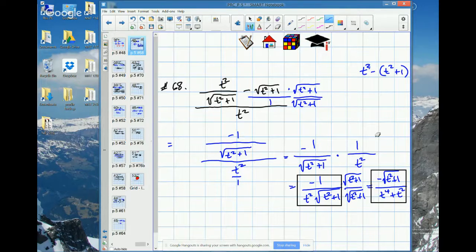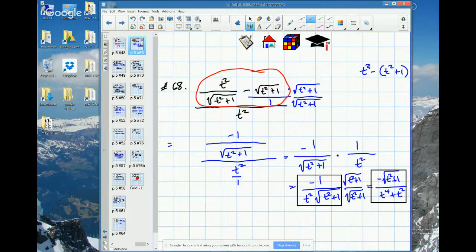Okay, in the meantime, let's finish this 68 up. So just like before, I need to get this mess on the top into a single fraction. And so you see, I stuck the second part over 1, which you can always do. And then I had to get a common denominator, the square root of t squared plus 1. So in order to do that, I had to multiply the bottom and the top by that.